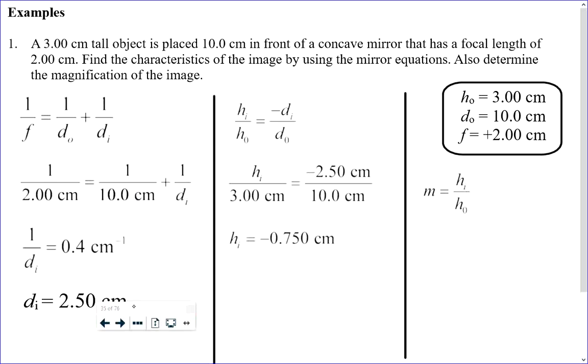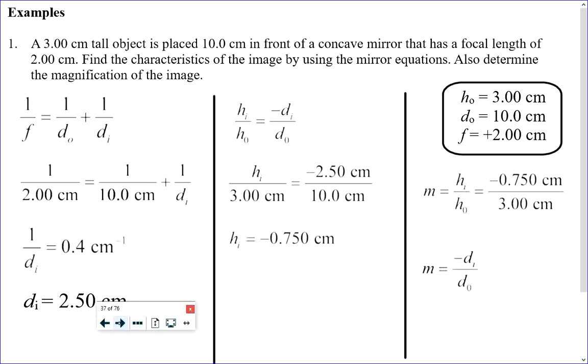So you can calculate the magnification by taking hi over ho. That's pretty straightforward. You're going to take negative 0.75 over 3. Was my math right there a minute ago? 25%, like 0.25? But it's negative 0.25. You could use this formula too.